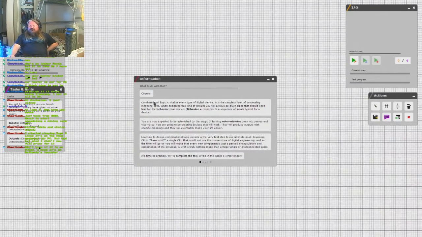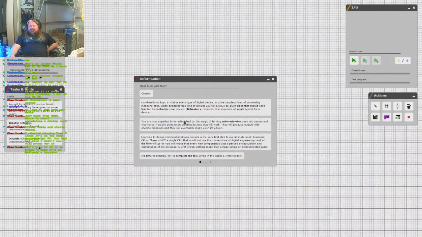What to do with that? Combinational logic is vital in every type of digital device. It is the simplest form of processing incoming data. When designing this kind of circuit, you will always be given rules that should hold true for the behavior of the device. Behavior equals response to a sequence of inputs for a device.